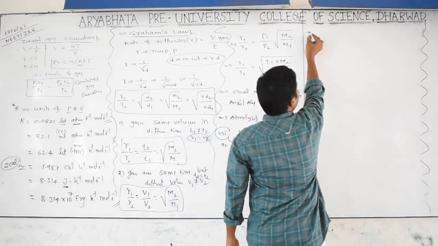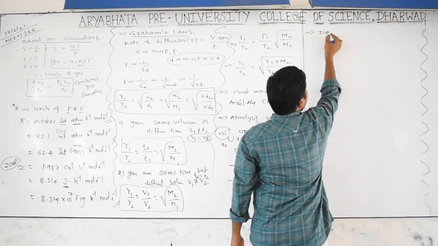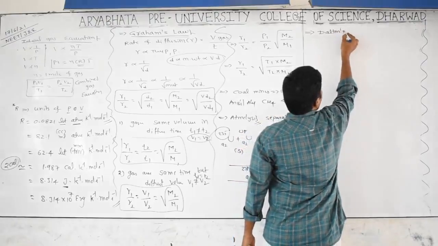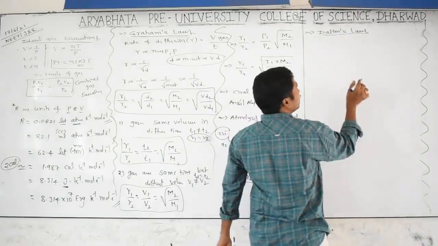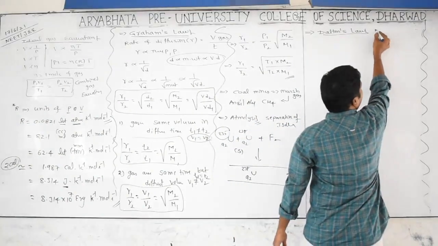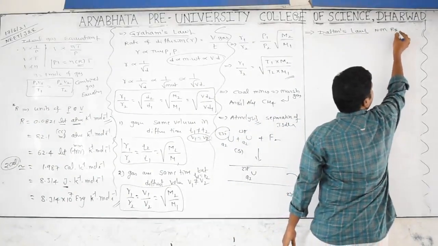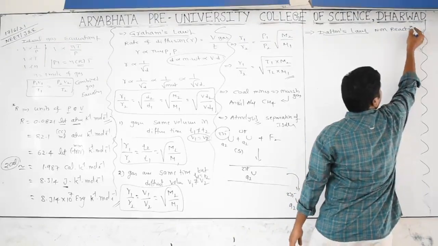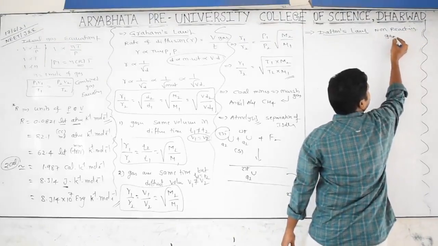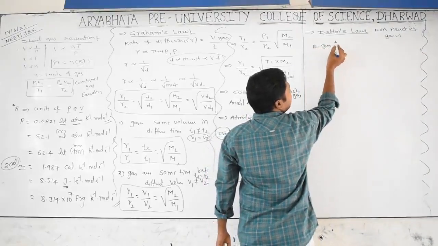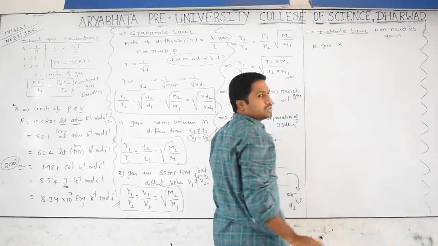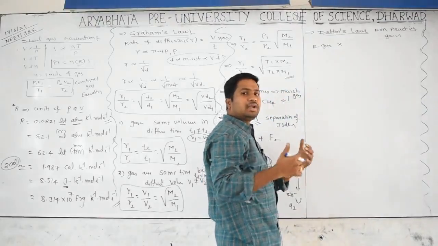Now we are going to discuss another one, Dalton's law. What is Dalton's law? Dalton's law is applicable for a non-reacting gases mixture. For reacting gases, Dalton's law is not applicable. What are the reacting gases? Highly reactive chemicals.